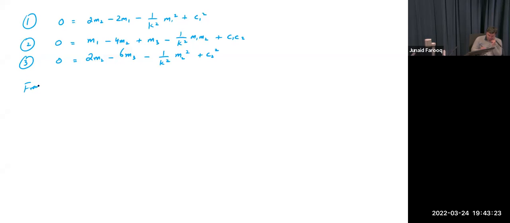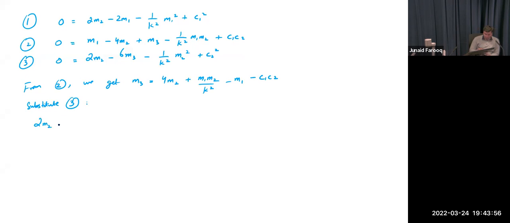So I'm thinking from 2 we get m3 equals 4m2 plus m1 m2 over k squared minus m1 minus c1 c2, and we can substitute into 3. So now the difficulty starts.